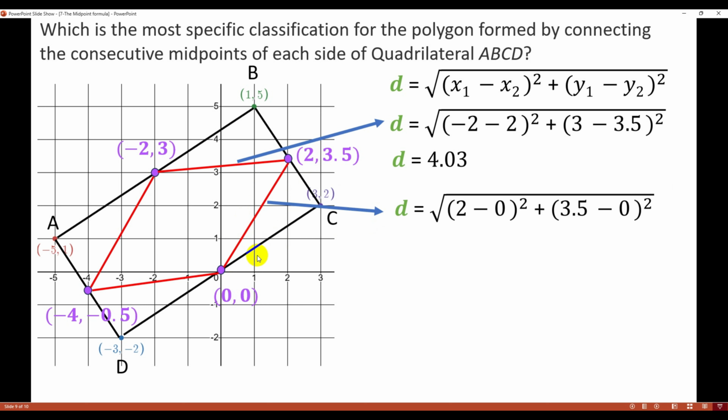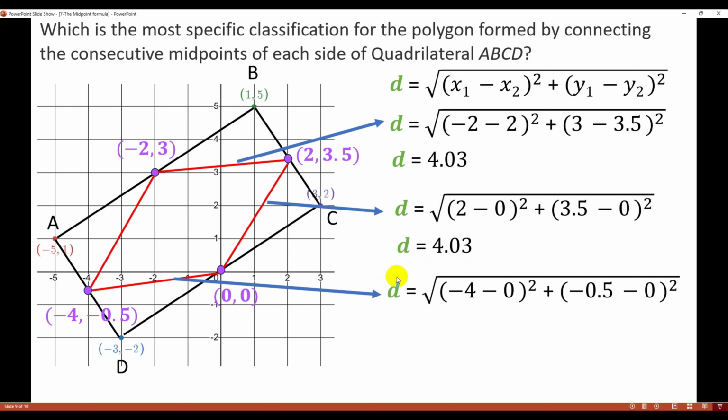Again, it will be 2 minus 0 parentheses to the power of 2, and 3.5 minus 0 parentheses to the power of 2, which gives you also 4.03.